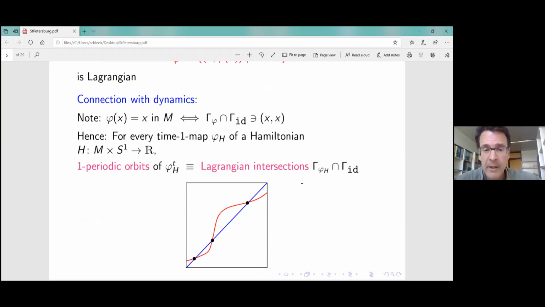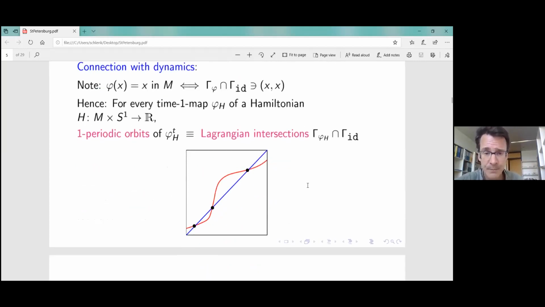So you can very often go forth and back between dynamical questions on M and topological geometric questions on the product, right? So this is one kind of good motivation. When you want to geometrize dynamics, then Lagrangians pop up immediately.